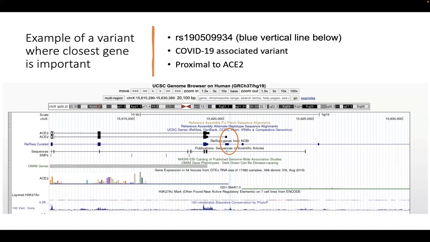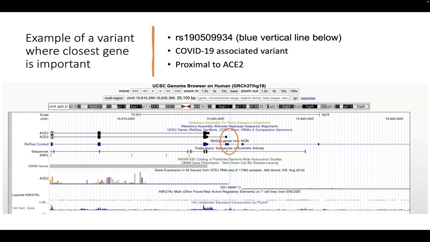I'm going to give you an example of a variant where the closest gene is actually very important. There's a COVID-19 associated variant, and feel free to chip in, because there's been a COVID-19 project as part of CRL. This particular variant was found to be associated with ACE2 expression, and it's very close, I'm sure you can see it here, to the ACE2 promoter, maybe even overlapping some of the transcripts.